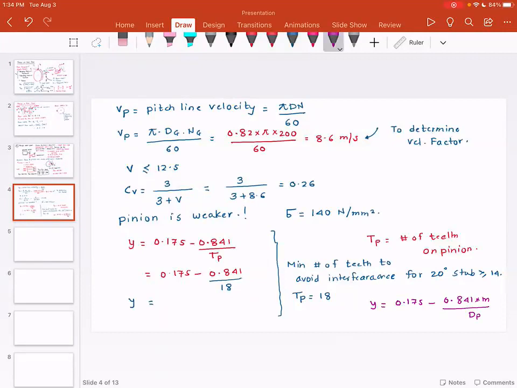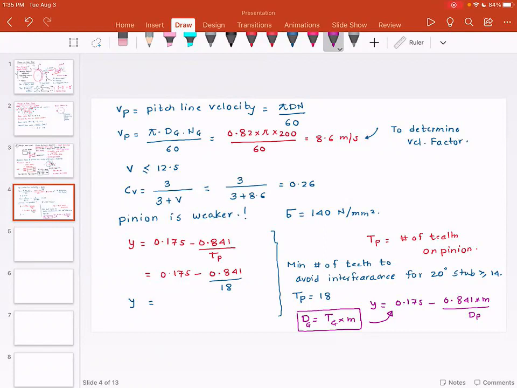But as you know, diameter is equal to number of teeth multiplied by module. So you can use this equation and keep the module as unknown, and we already know the diameter, which means the Lewis form factor will be in terms of module, and then we can find out the module. But either way is totally fine.